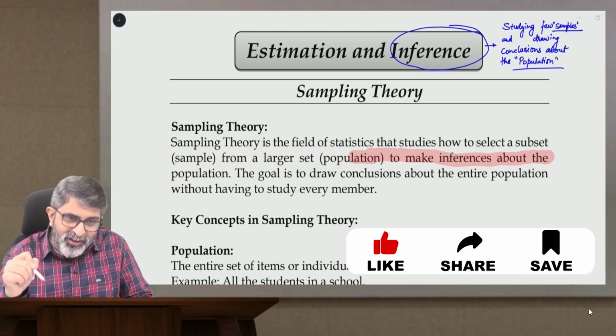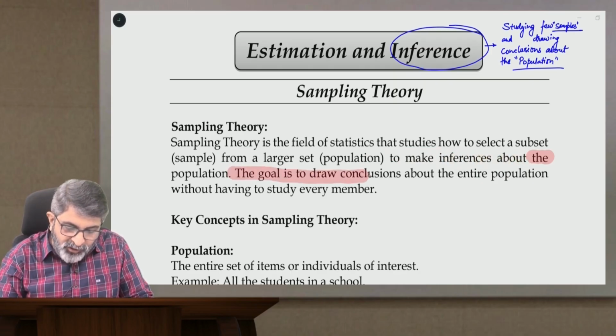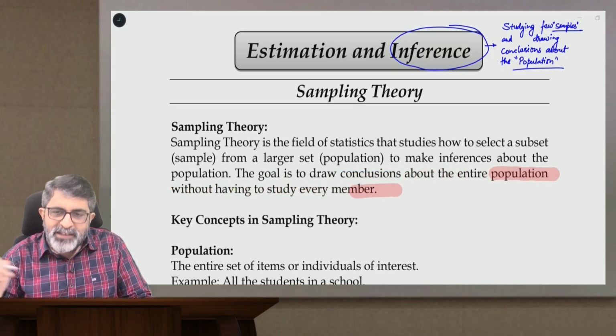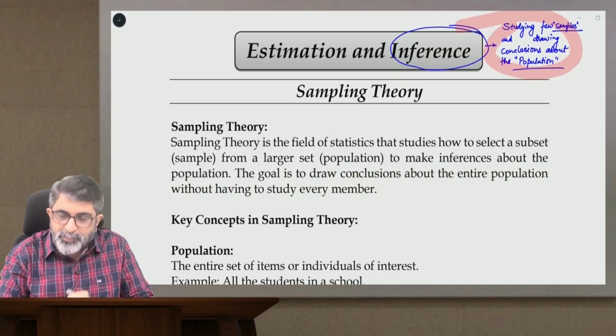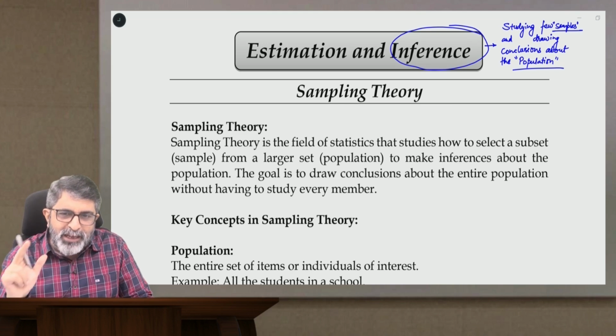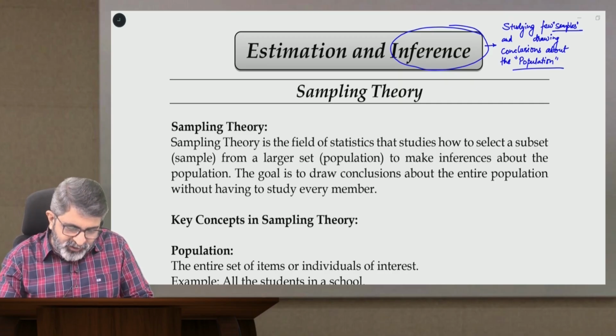We already learned this term, right? To make inferences about the population. The goal is to draw conclusion about the entire population without having to study every member. That is what I have written in this part, the meaning of the word inference. So I believe you all are clear with the meaning of the word inference, correct? And you are ready to take the discussion ahead.